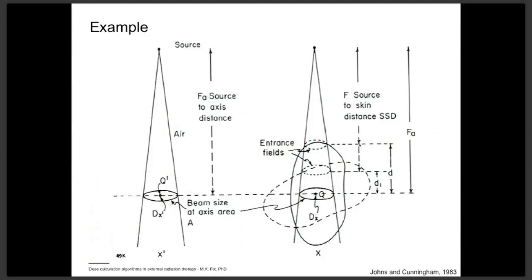And we apply a second field on a rotated phantom or patient, which is the same as if we rotate the beam. In the second situation, we apply the same field size, but we have a different source-to-surface distance for the second case.